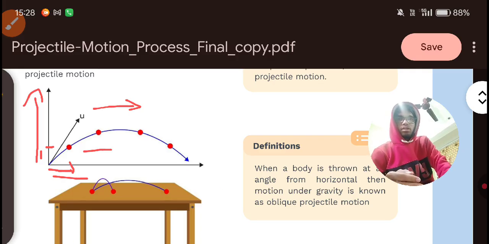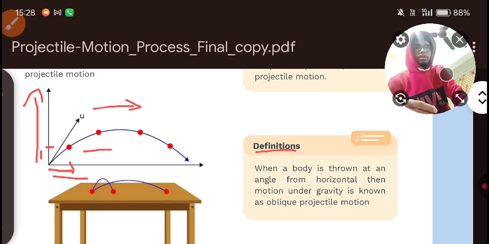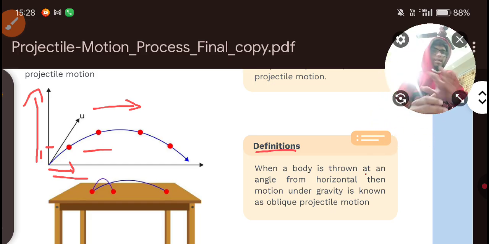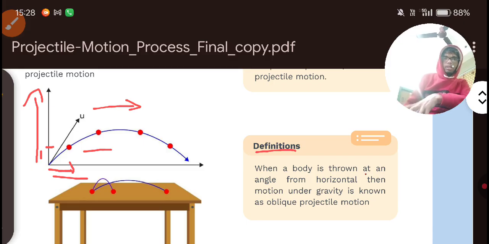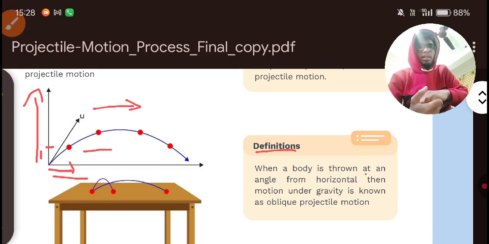Now the definition is written over here. One definition we have seen was about projectile motion. The next definition is about when a body is thrown at an angle from the horizontal, then motion under gravity is known as oblique projectile motion.